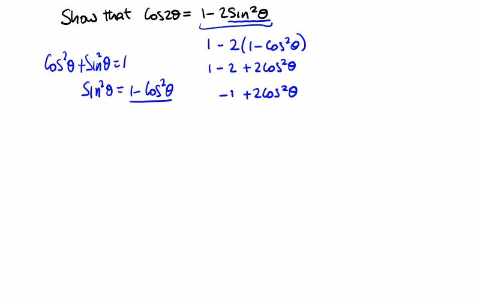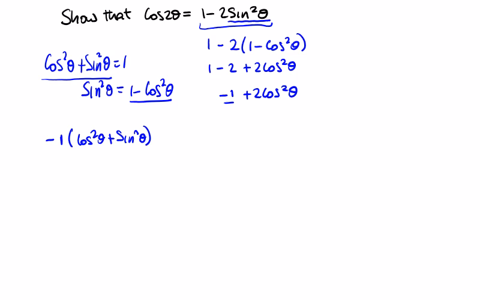Now, cos squared theta plus sine squared theta is equal to 1. We have a 1 here, so this could help us. So minus 1 times (cos squared theta plus sine squared theta). What would that be equal to? That would be equal to minus 1 times 1, which is minus 1.